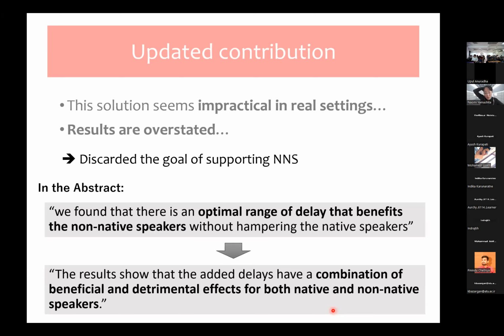Now, in line with this reframing, we also updated the contribution. So instead of claiming that we found an optimal range of delay that benefits non-native speakers, we simply reported the findings: a combination of beneficial and detrimental effects for both native and non-native speakers.